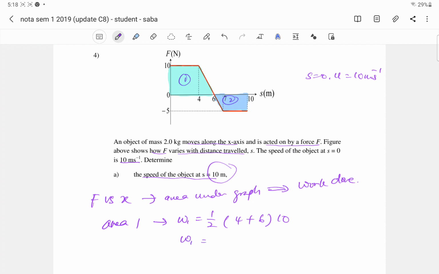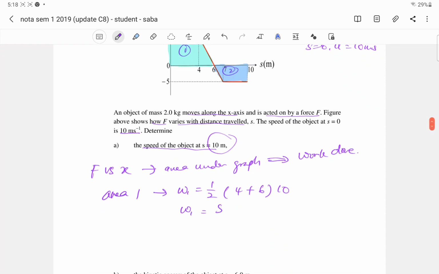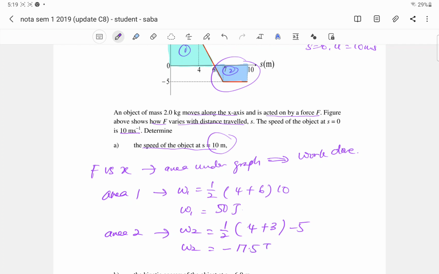So work done pada area number 1 tu adalah 50 joules. Lepas tu area number 2, work done untuk case yang number 2 yang belah sini pula kita ada half, and then kita ada 10 minus 6 is 4 plus dengan 3, negative 5. So work done for number 2 is negative 17.5 joule.